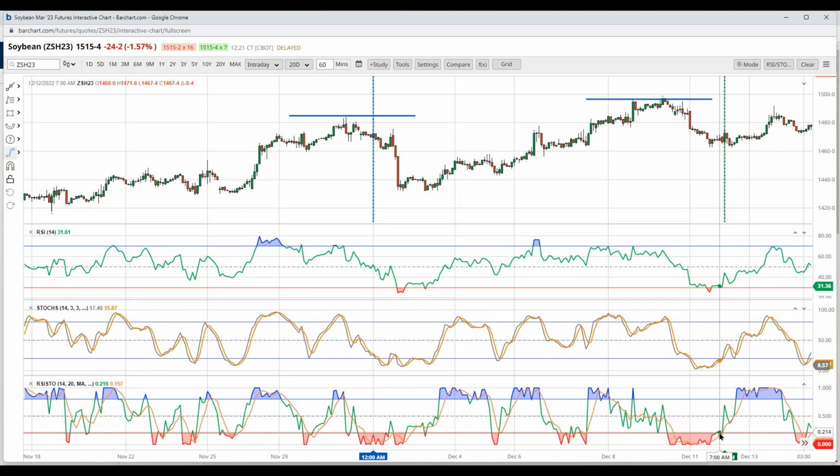Again, delaying my entry, taking away some potential profits, but now I'm gaining greater probability. I'm more confident that I'm in an uptrend because it just made a new higher high, and I'm buying into that correction of that recent impulse.